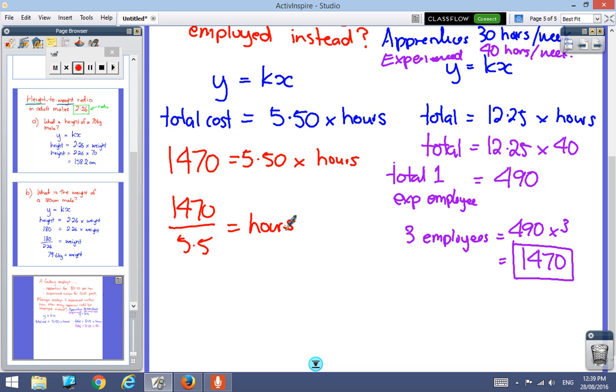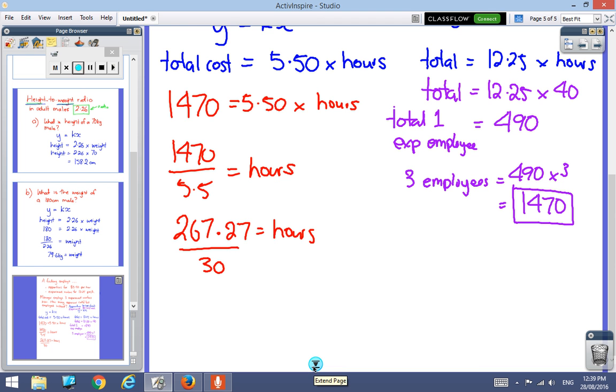This will say that the number of hours is 267.27 hours. How many hours does an apprentice work? Well, we'd need to then divide this answer by 30, and our answer is 8.9 employees, but can they actually afford 9?